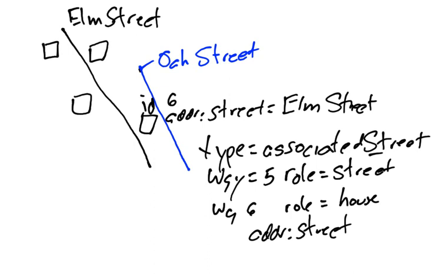I wouldn't add, personally, I wouldn't add this relation in this example. I think it's easier just to add the street name, but you might come across this associated street relation, and if you do, then you know what it's all about. And those are pretty much the last two things about this Karlsruhe schema, which is what this addressing scheme is called. Those are the last two things you're going to need.